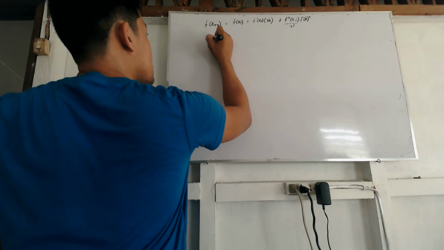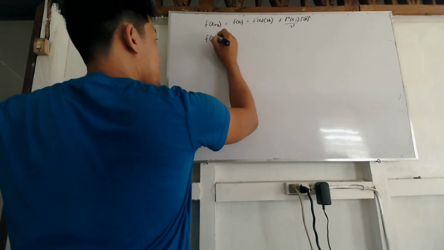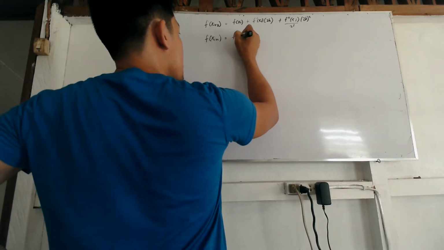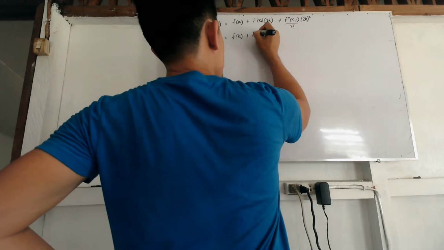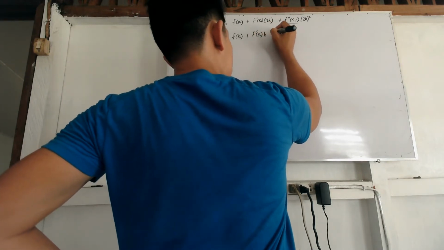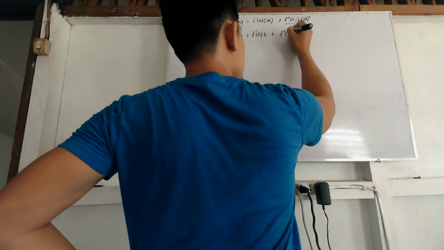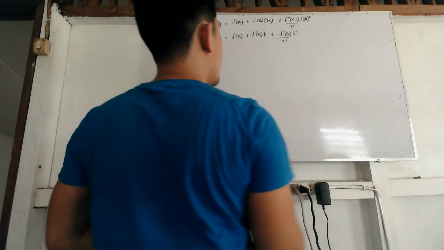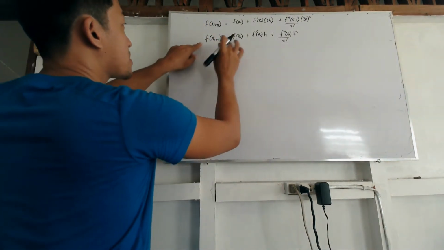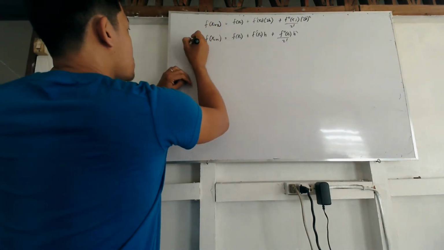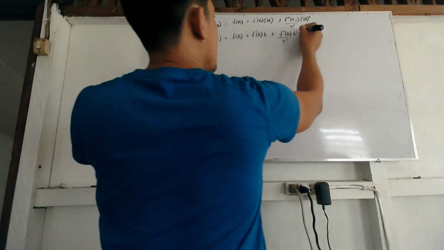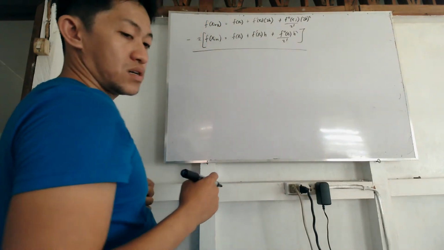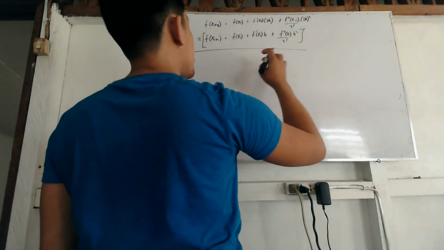Forward difference is f of x i plus 1 is equal to f of x sub i plus f prime of x sub i h plus f double prime x sub i h square over 2 factorial. And then we will subtract this equation from this one, but this time we will multiply by 2 so that we can eliminate this one.